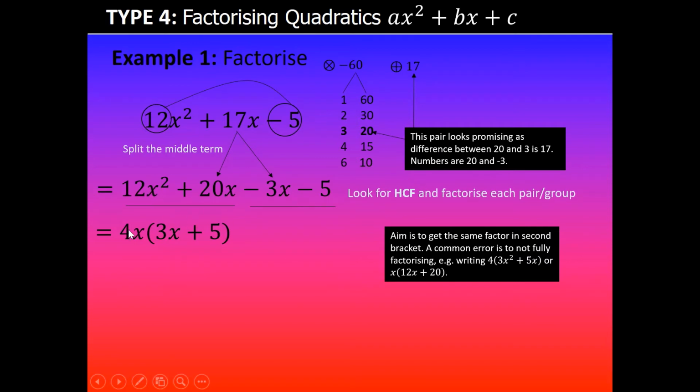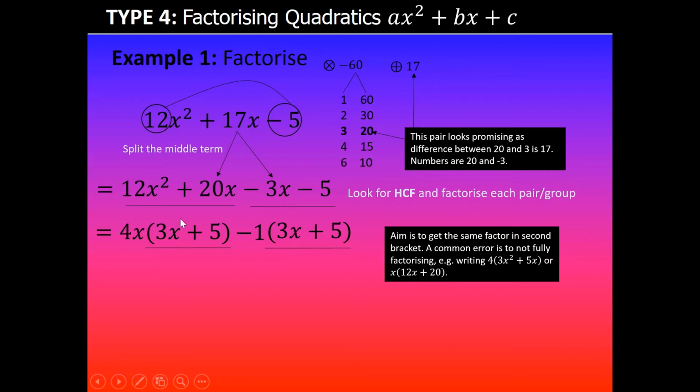So here we've got 4x, and over here you can see that it's negative 1. So I'll put minus 1 into 3x plus 5, because negative 1 times 3x is negative 3x, and negative 1 times 5 is negative 5. Now the aim was to get the same factor in the two brackets.